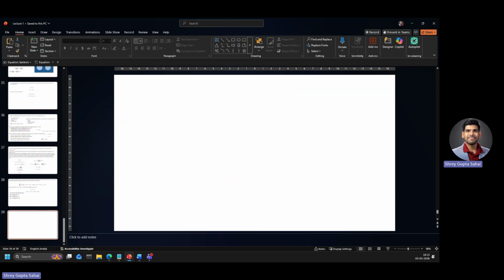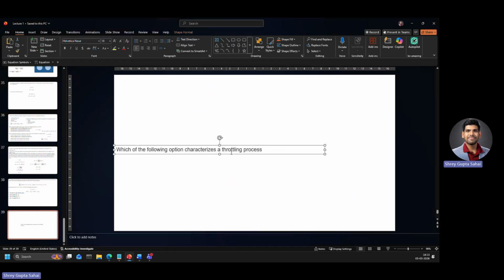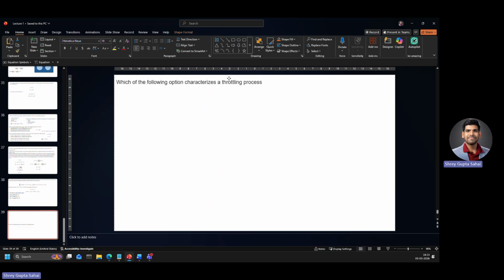Let's look at the second question. Which of the following options characterizes a throttling process? Now throttling is an interesting thing. Let's spend some time on throttling. These are the four options I have for you.